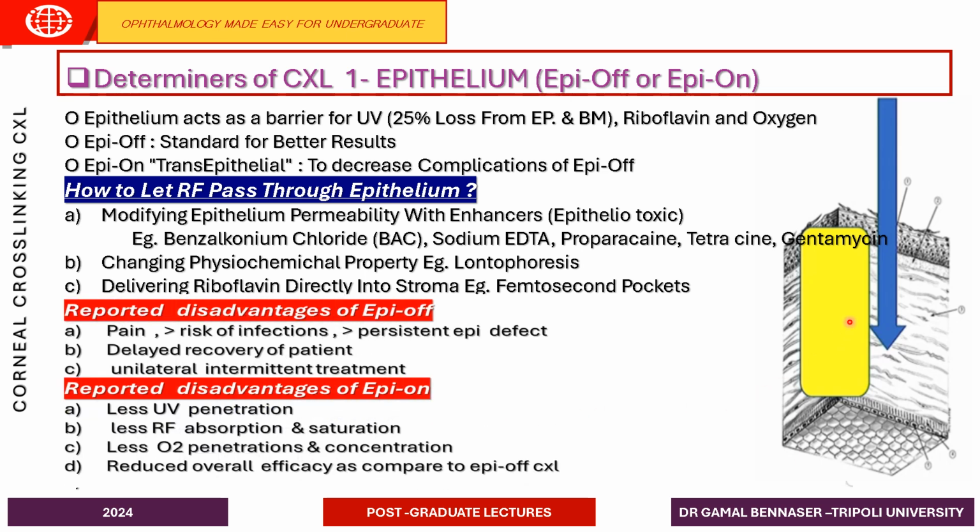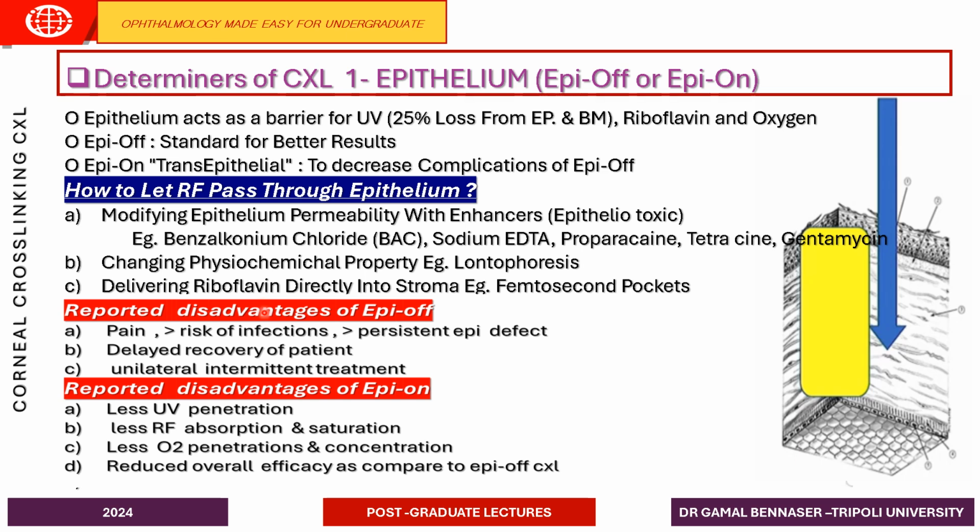However, there are certain drawbacks reported for the epithelial off technique, on top of which is the pain perceived by the patient due to removal of the epithelium. Also increased risk of infection, both sterile and non-sterile, and also the risk of persistent epithelial defects.